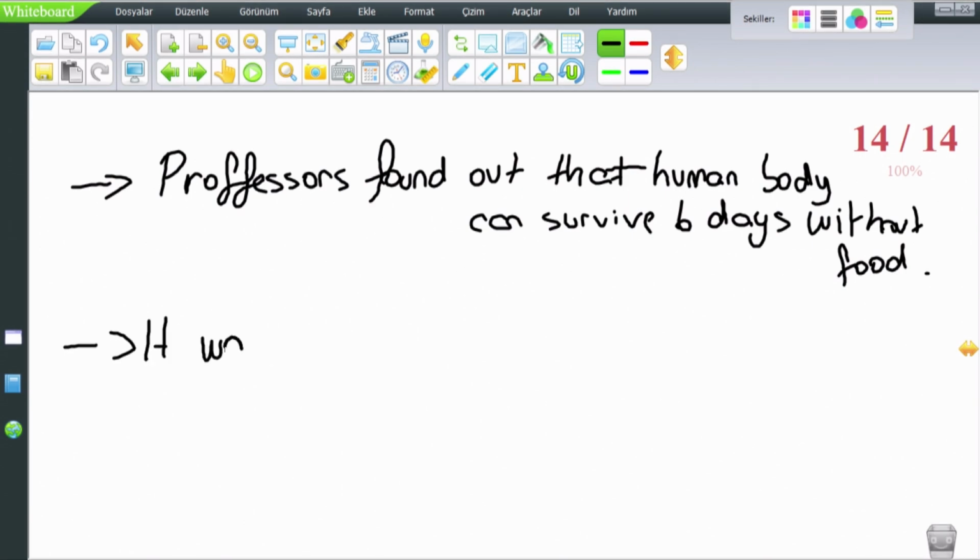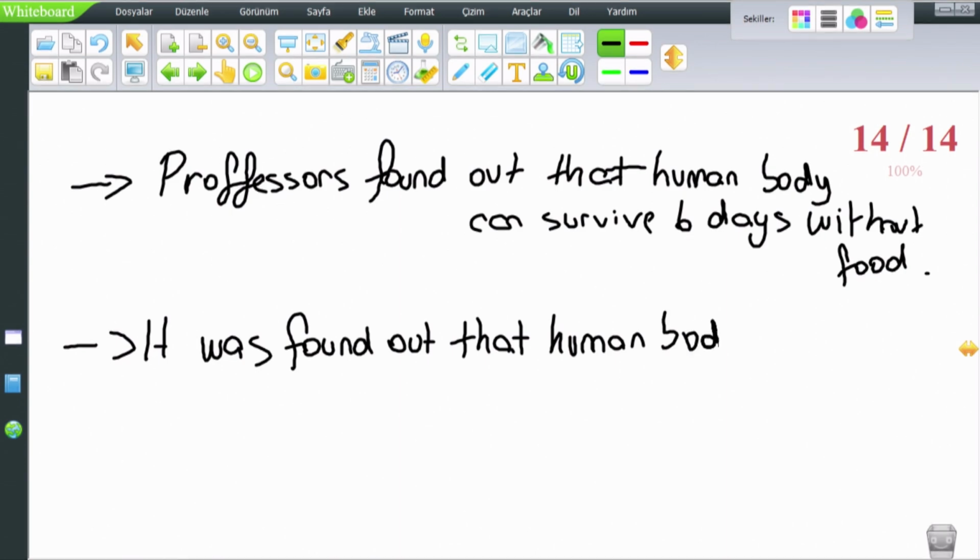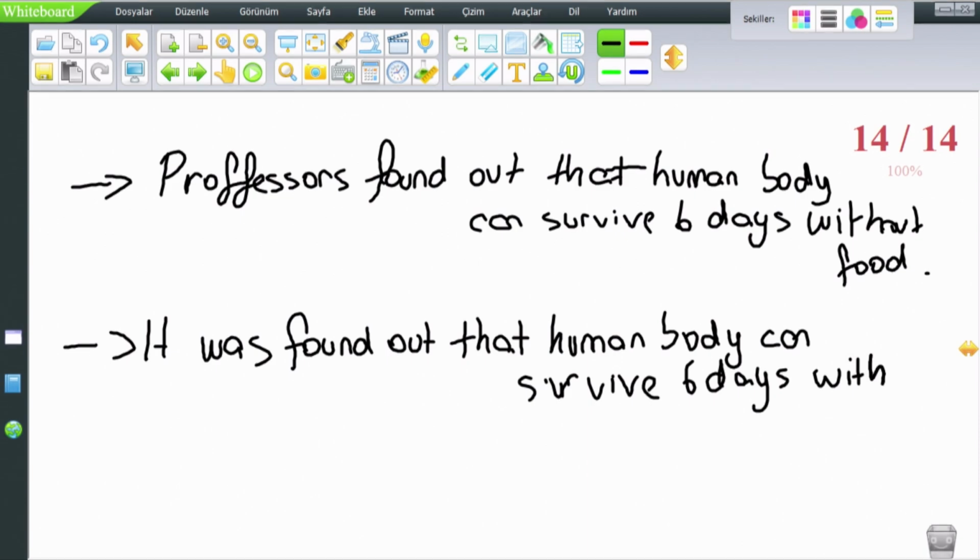It was found out that the human body can survive 6 days without food.